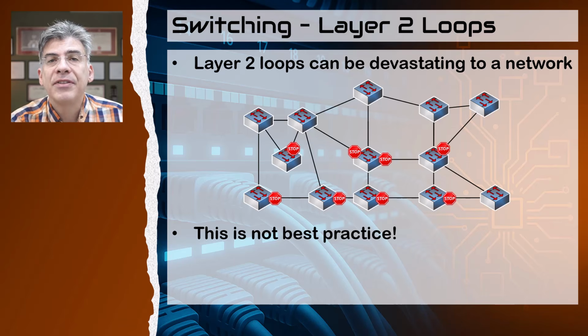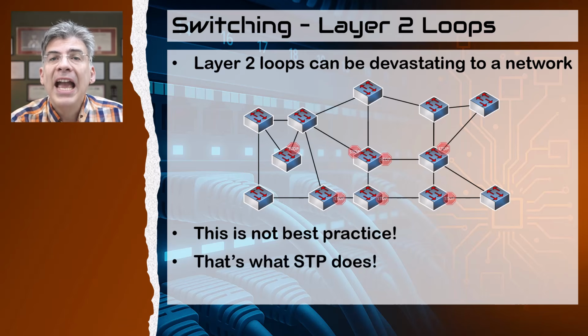And then, if something fails, those blocked ports can be automatically unblocked and will continue to function, thus resulting in redundancy. Well, that's exactly what spanning tree protocol does, and it's an ingenious way to resolve layer 2 loops.